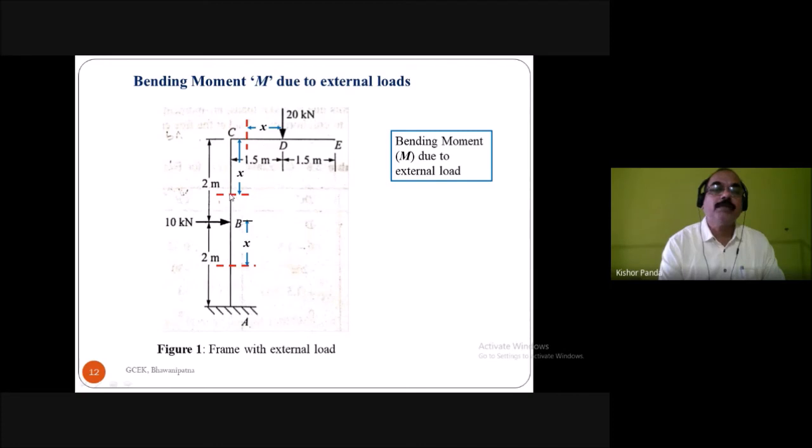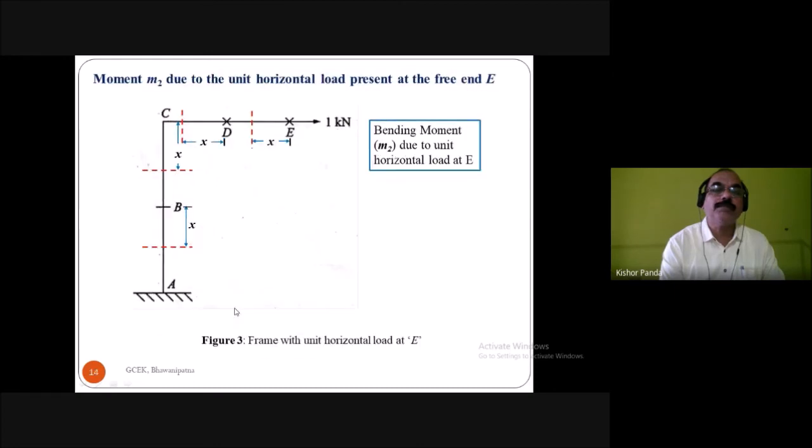Then what is the moment between C and B? Minus 20 into 1.5. And what is the moment between A and B? Here the moment is, due to this force, minus 10 into x and, due to this force, minus 20 into 1.5. So put these moments in tabular form.